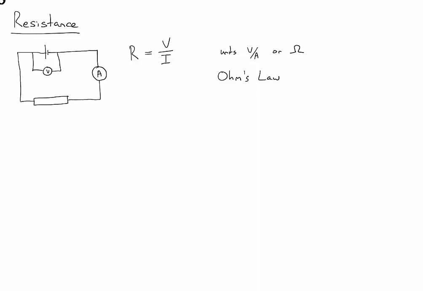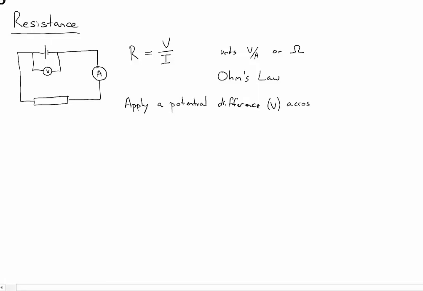So what this is saying is that if we apply a potential difference across a resistance of R, a current of size I will flow through that resistor.